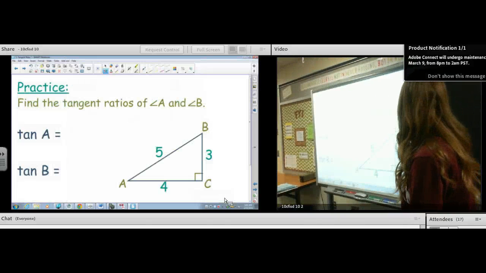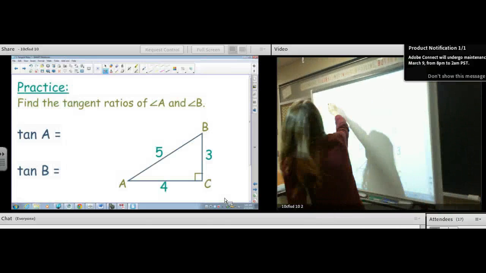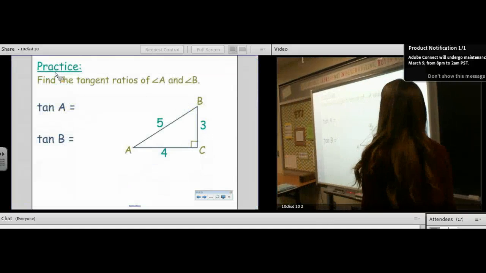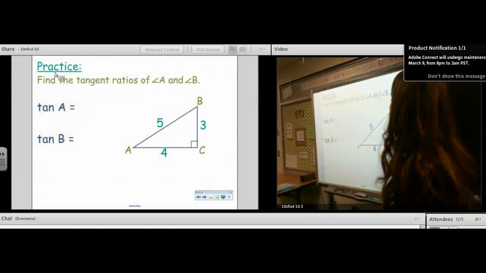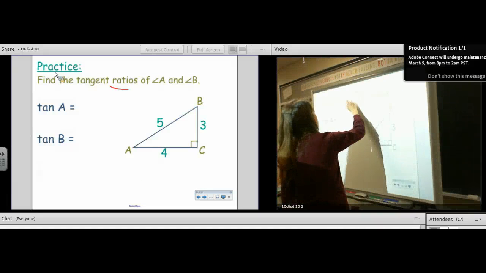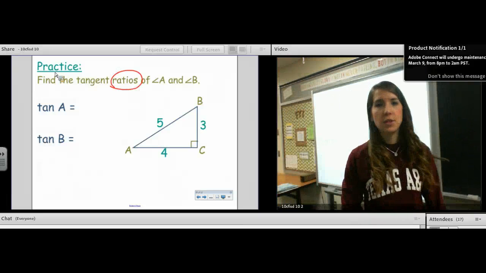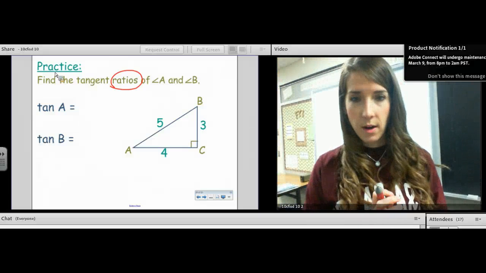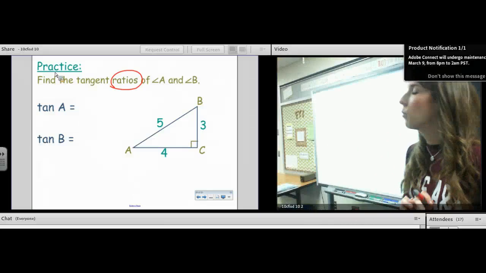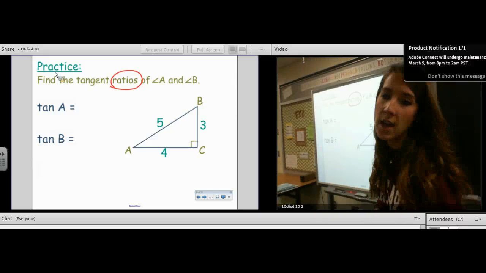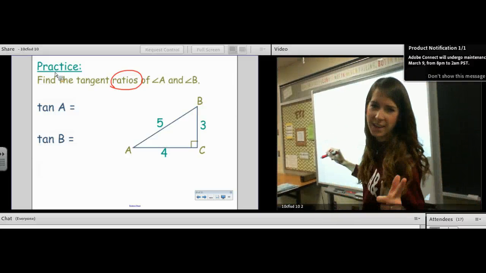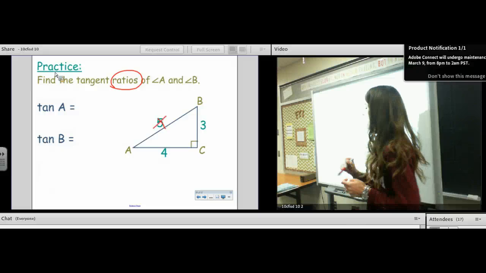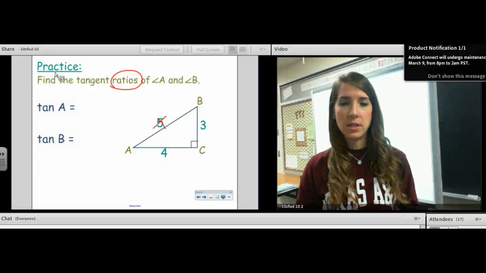So let's practice. This says find the tangent ratio of A and B. We're not solving anything, we're just finding a ratio. So our answer should be a fraction. We're not pressing the tan button on this type of problem. So what I want you to do all day today, Brandon, is X out the hypotenuse, because we're not going to use the hypotenuse today.